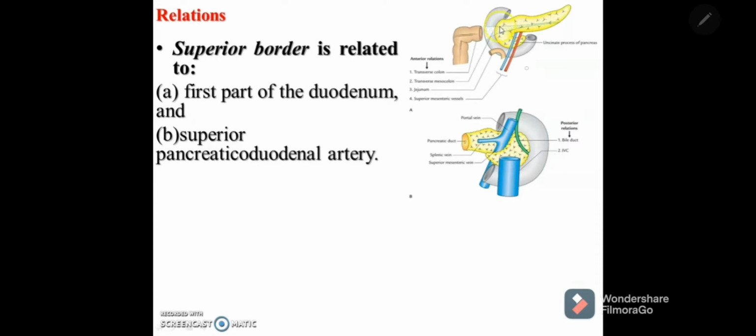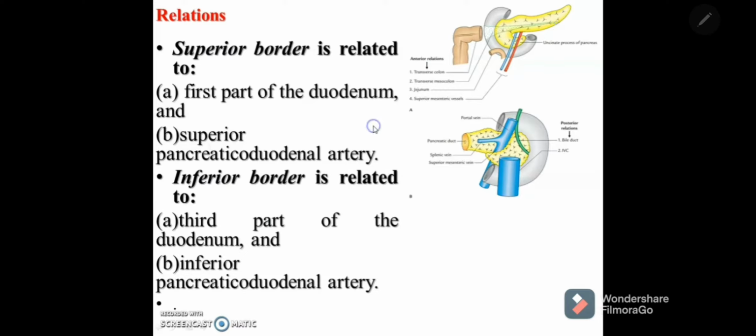The superior border is related to the first part of the duodenum and the superior pancreaticoduodenal artery, a branch of the gastroduodenal artery. The inferior border is related to the third part of the duodenum, which is the horizontal part, and the inferior pancreaticoduodenal artery, which is a branch of the superior mesenteric artery.